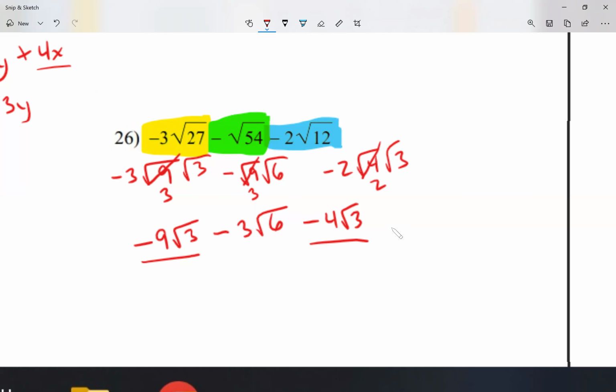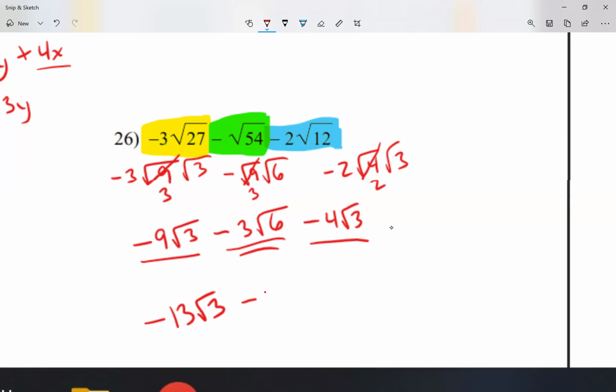I see it as a soccer match. The negative scored 9 points and the negative scored 4. So that means a negative 13. Negative 13 radical 3. Right, just negative 9 and a negative 4 gives me a negative 13. And then my other term here is a negative 3 radical 6.